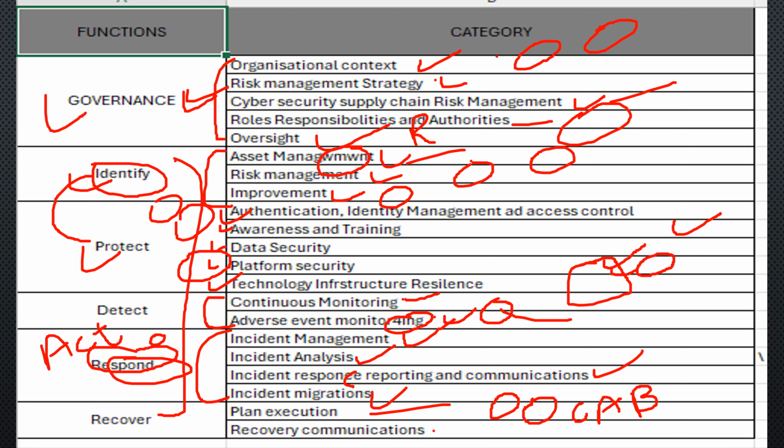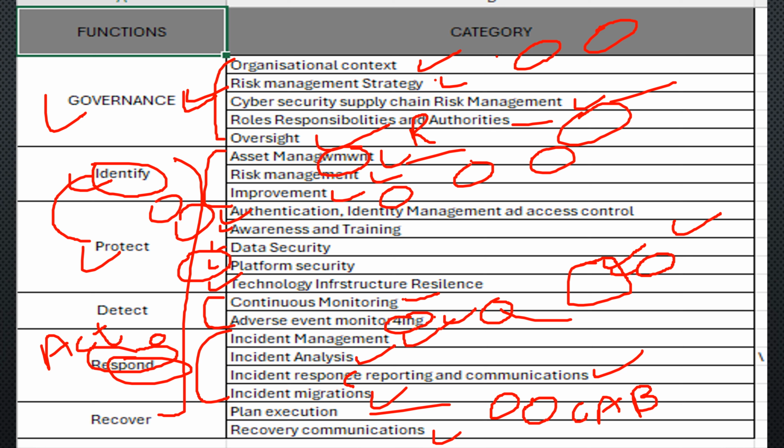Recovery communications: if any stakeholders were impacted, once it's corrected, how do you set up the communications with your stakeholders? Plan execution and recovery communications are the two very most important pillars of these NIST functions.